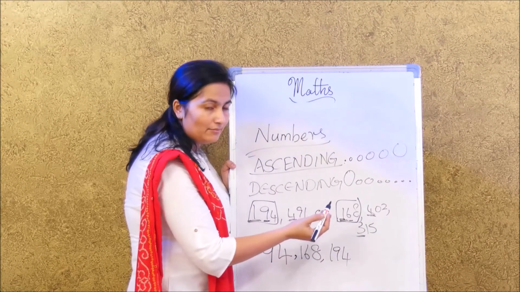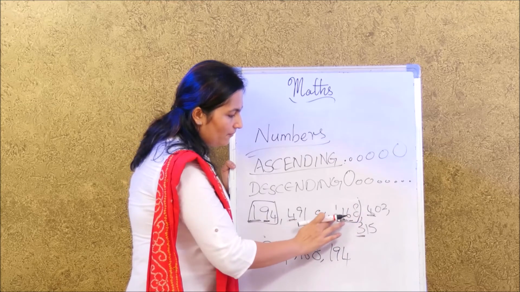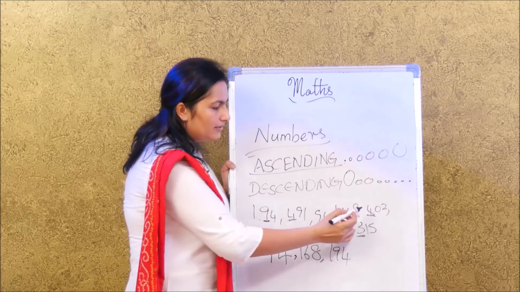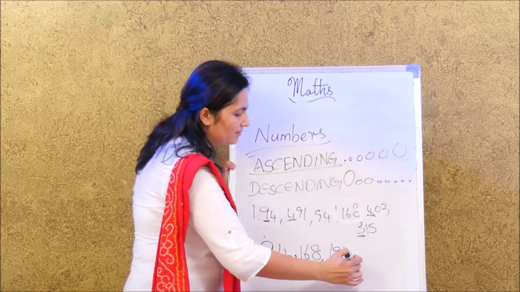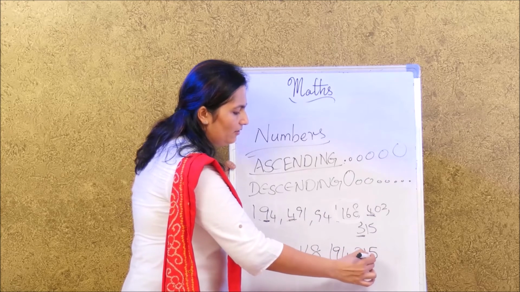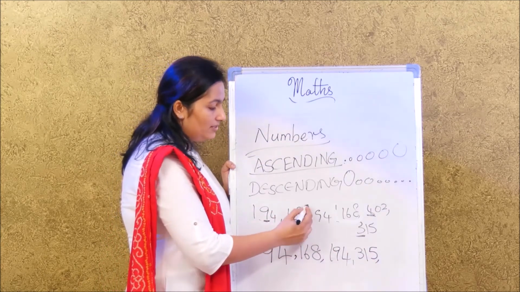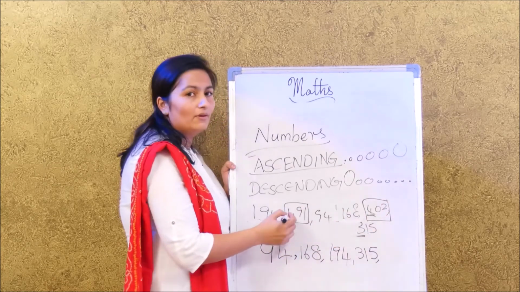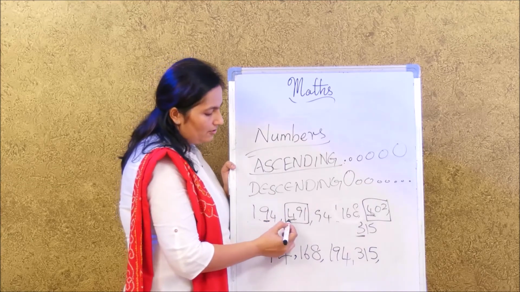Then what are the other numbers? Let us look. 491 and then there is 402, 350. Okay, so 300 is lesser. So, let us write the next number, 350. Now, let us see which is the greater number, 491 or 402.